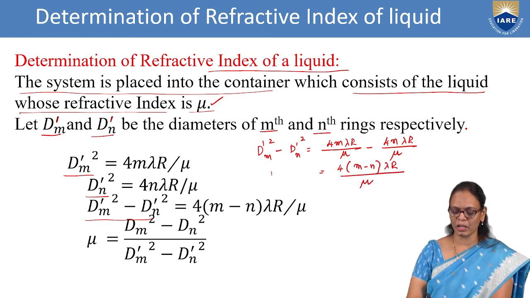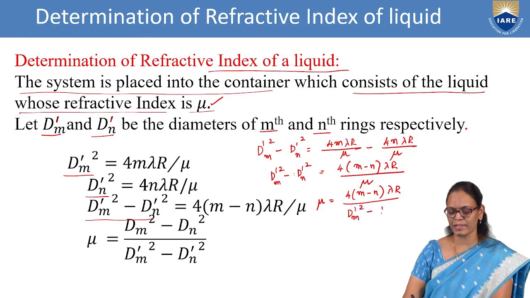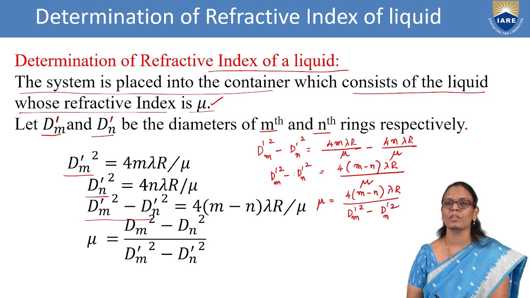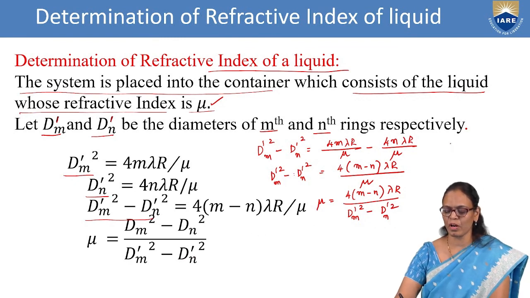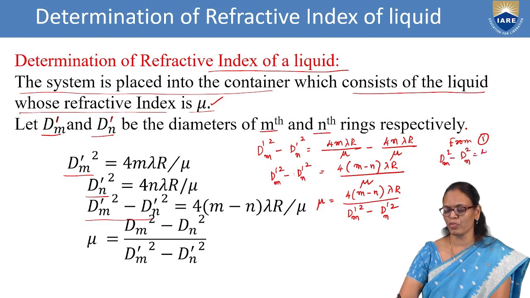Now, our aim is to find the refractive index of the liquid. So, I will take mu onto the other side and write the formula. If I take mu onto the other side, we have 4 into (m minus n) into lambda r, and in the denominator, we have dm prime square minus dn prime square. Now, from equation 1, what does equation 1 tell us? dm square minus dn square is equal to 4 into (m minus n) into lambda r.